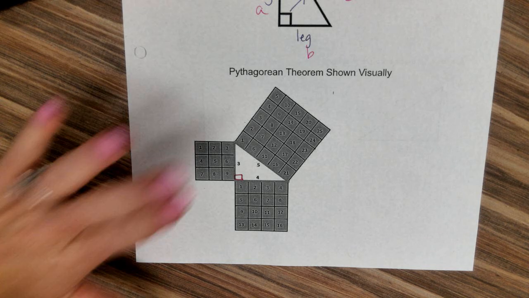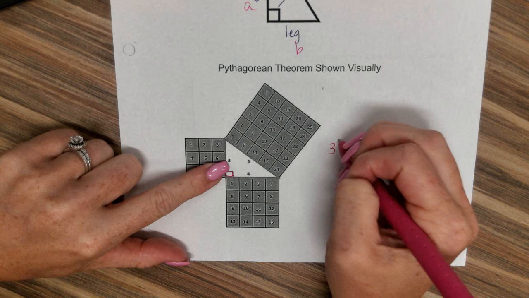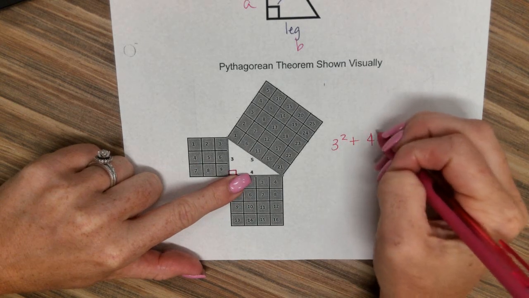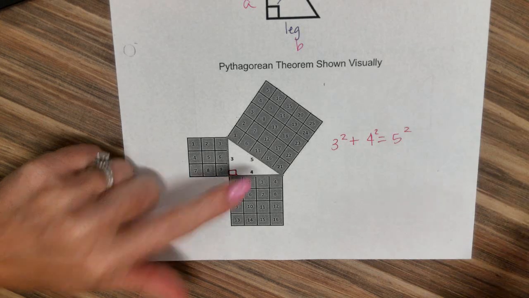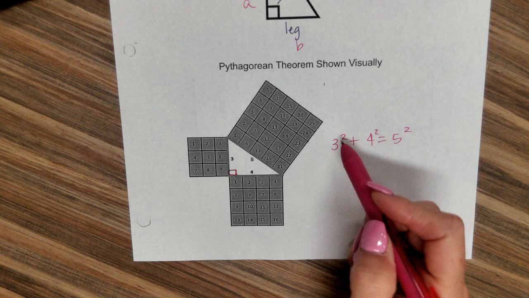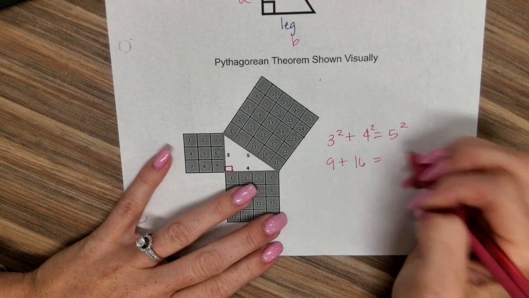Okay, so let's pretend we don't see all these numbers. I would say, is 3 squared plus 4 squared equal to 5 squared? If it is, then it is a right triangle. Well, 3 squared is 9, 4 squared is 16, and 5 squared is 25.